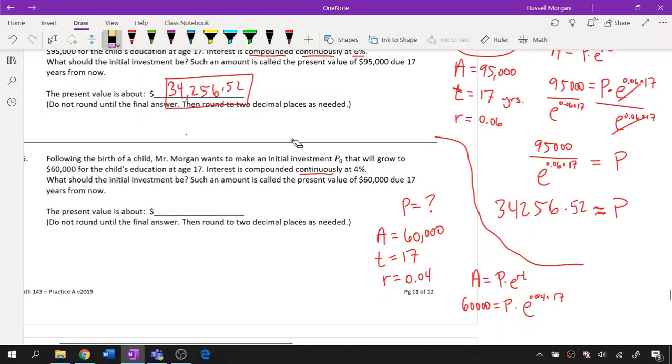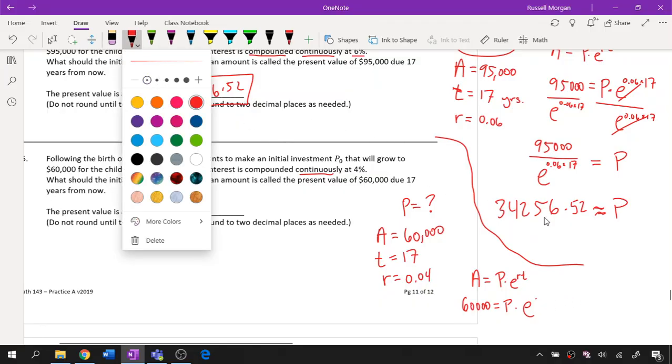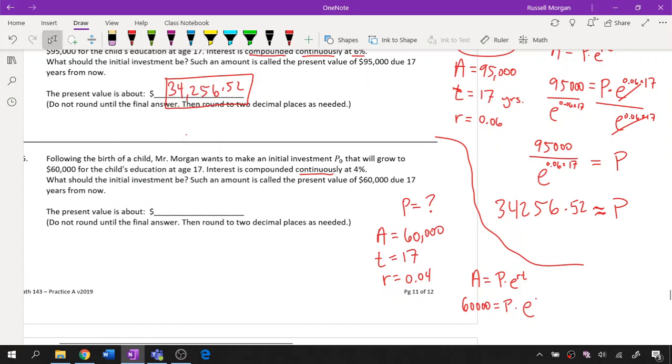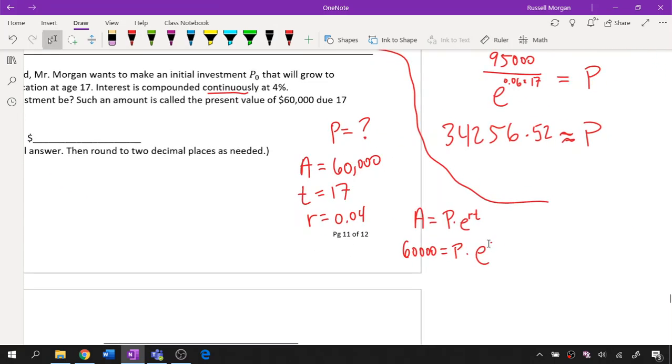Maybe I should use a thinner pen there. Let's write it a little bit smaller, and we could probably even zoom in a little bit. So that was 0.04 times 17. And of course, like before, we need to solve for the letter P, so we're going to divide both sides by this craziness.